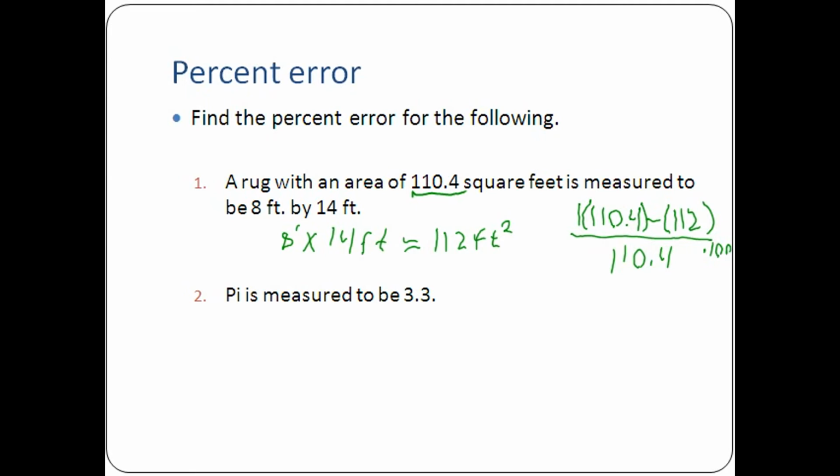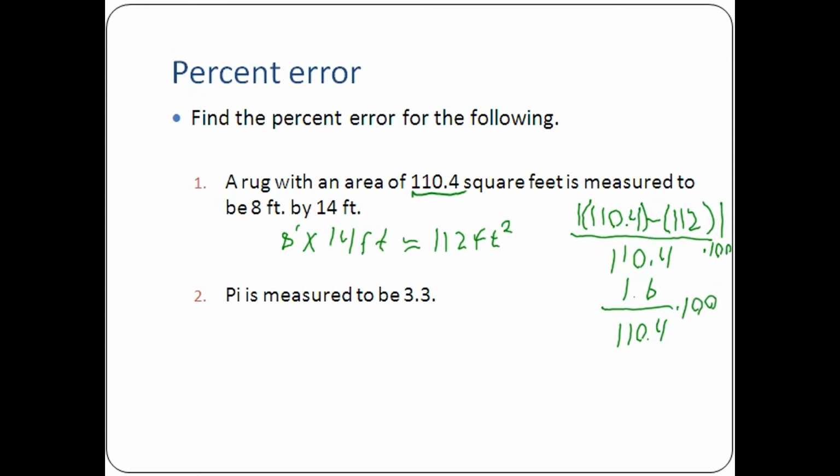So doing this, what is 110.4 minus 112? And if you do that in your calculator, you get negative 1.6. But because of the fact that this is absolute value, this becomes positive 1.6. So you get just 1.6 divided by 110.4 and then times 100.